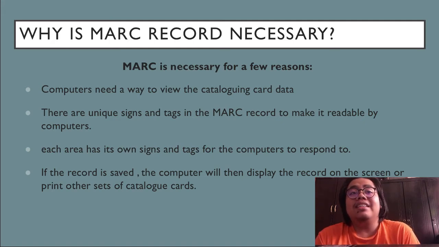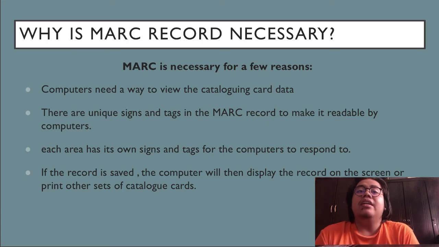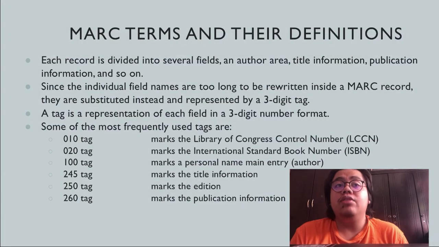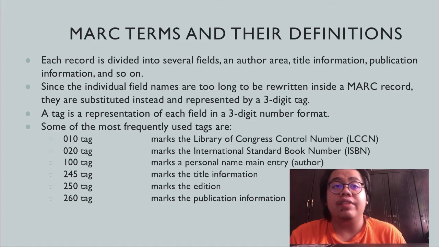There are unique signs and text in the MARC record to make it readable by computers. Each area has its own signs and text for the computers to respond to. If the record is saved, the computer will then display the record on the screen or print other sets of catalog cards.